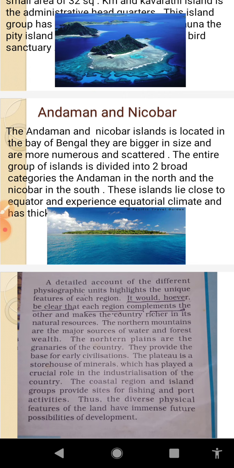Although the physical conditions vary from one part of India to another, all these physical divisions together form one geographical unit that we call India. So not only are the physical divisions interrelated, they are interdependent also. And we can prove this in another way also.